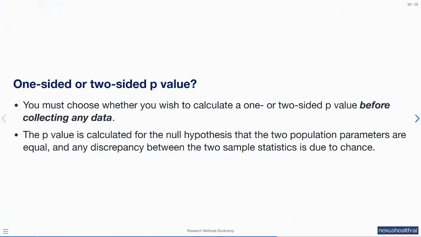Should we go with a one-sided or a two-sided p-value? Well, you as the investigator must choose whether you wish to calculate a one- or two-sided p-value before you even collect any data. The p-value is calculated for the null hypothesis that the two population parameters are equal, and any discrepancy between the two sample statistics is due to chance.